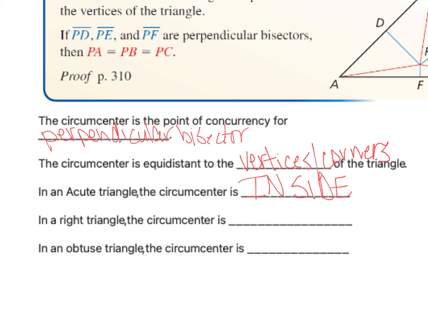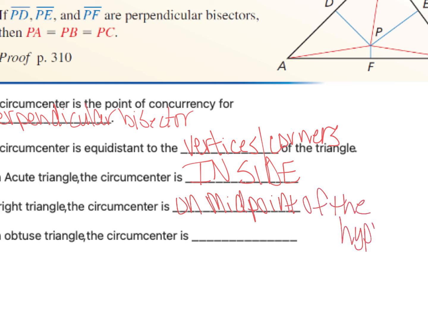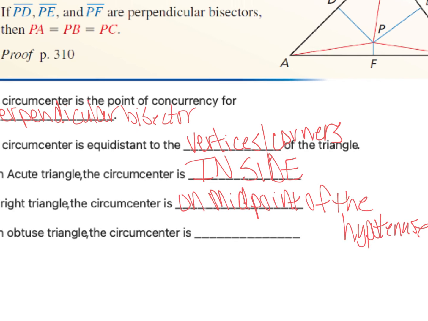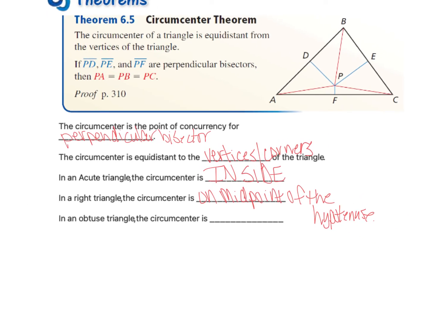If you had a right triangle, the circumcenter was specifically on the midpoint of the hypotenuse. These are all things you should have already discovered through the GeoGebra activity, okay? And in an obtuse triangle, the circumcenter moved to the outside of the triangle.